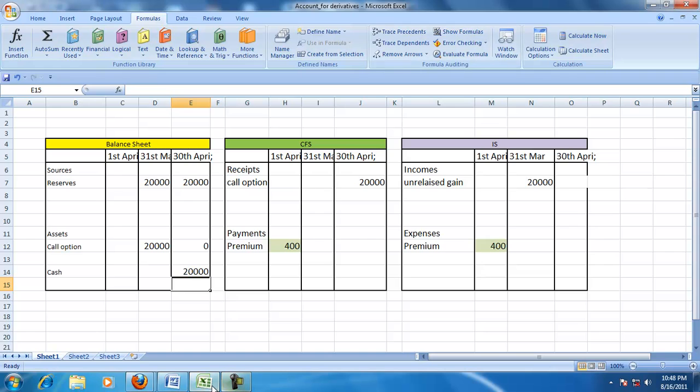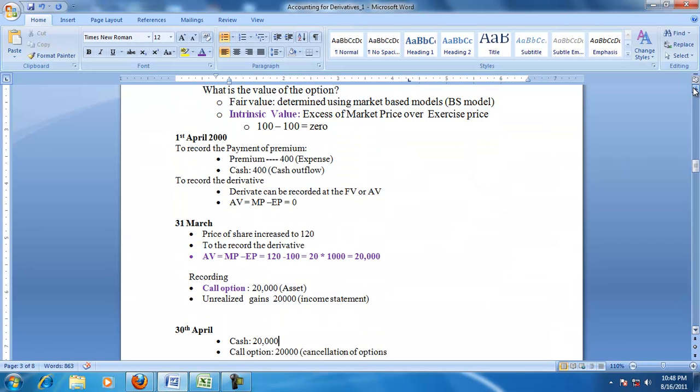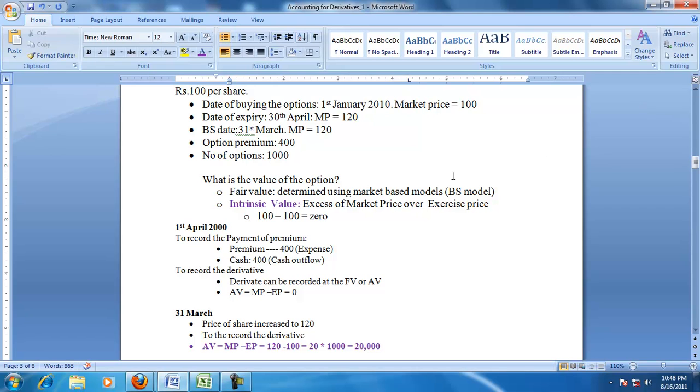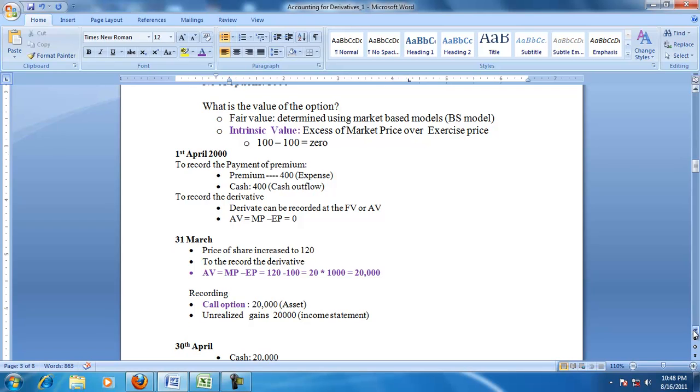So that is a normal option held for trading: find the value of the option, and the value can be fair value or intrinsic value. If there is a fair value, you have to show it right from day one, and in this case the intrinsic value is 0 because the exercise price is the same as the market price, and the premium is treated as an expense.